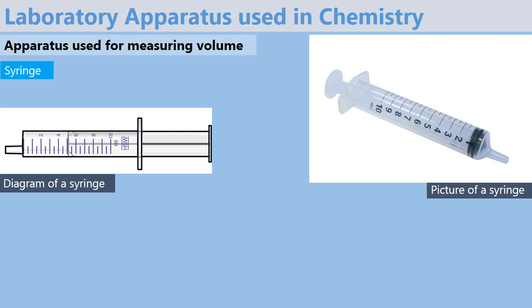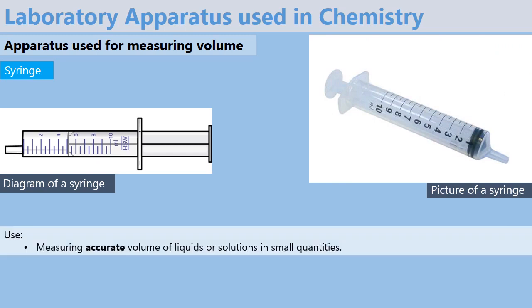A syringe, take note, is used for measuring accurate volume of liquids or solutions, usually in small quantities, but not all the time, because we have syringes that are big that can measure up to even 100 milliliters.